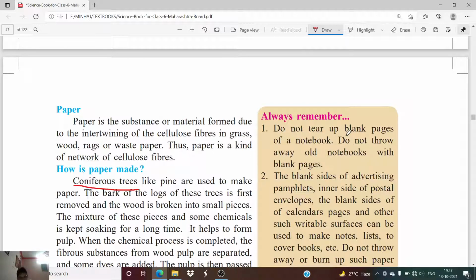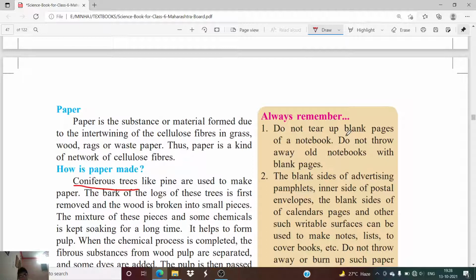And every year, when a new academic year commences, we use new notebooks and keep our old notebooks as they are. Instead, we can use those old notebooks for rough work, for calculations, and for writing different things. We should not waste those pages.